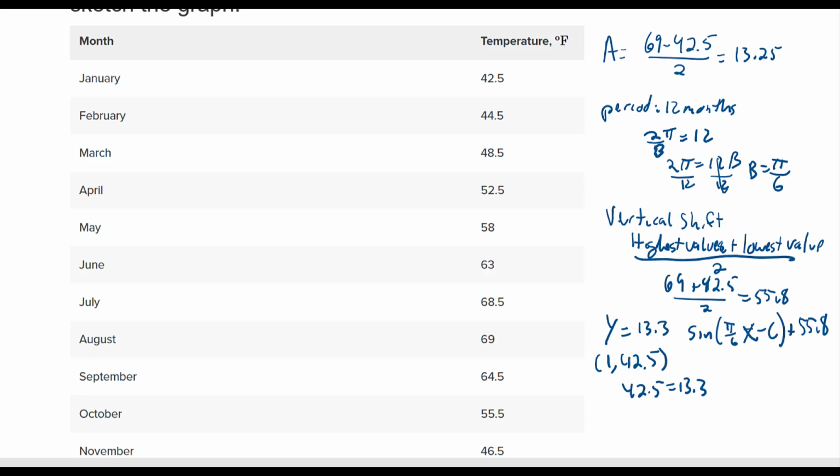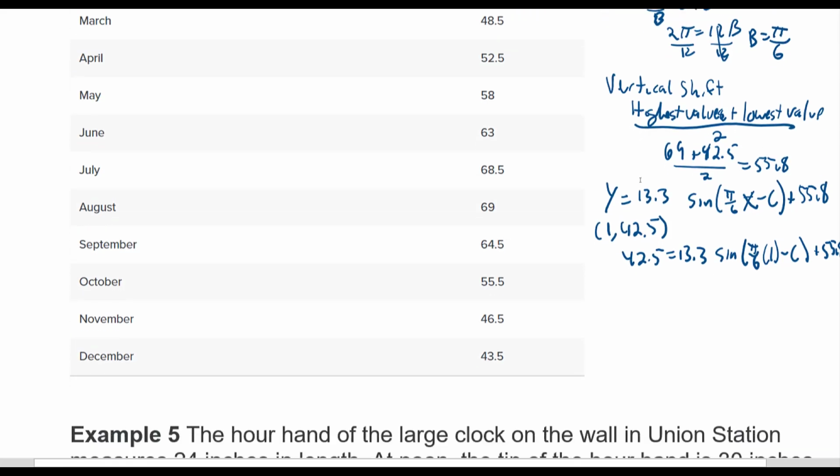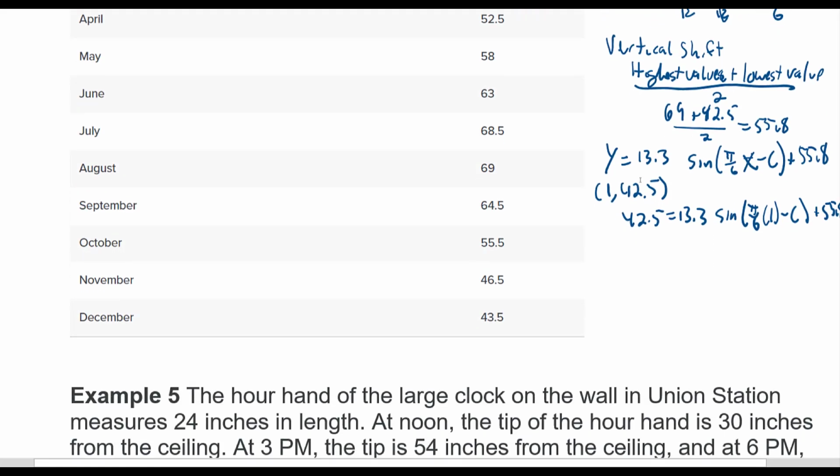Times sine of pi over 6 times 1 minus c plus 55.8. And I can subtract 55.8 from both sides. And I have negative 13.3 equals 13.3 sine of pi over 6 minus c.